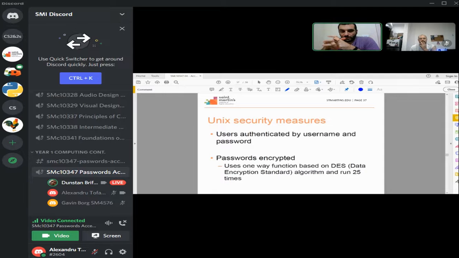Also, encrypting of passwords. Now, what the actual algorithm is, for us at this point in time, is irrelevant. However, from its early days, it already had this idea of encryption. And a nice point to note is the fact that whenever we've got an algorithm, as you can see over there, it's not just a question of running the algorithm once and you have an encrypted password. In fact, as you can see over there, in this particular case, it was run 25 times. So you have a password.